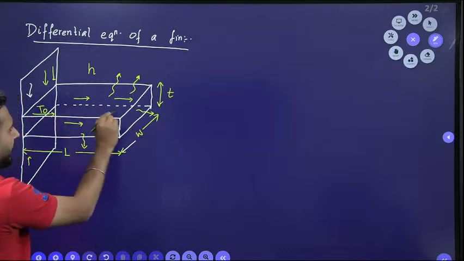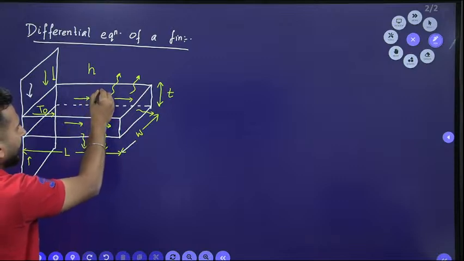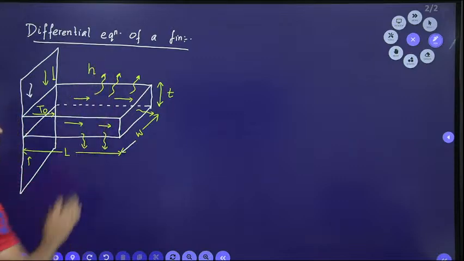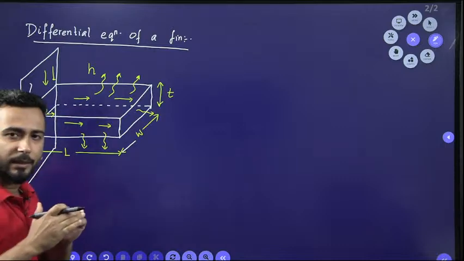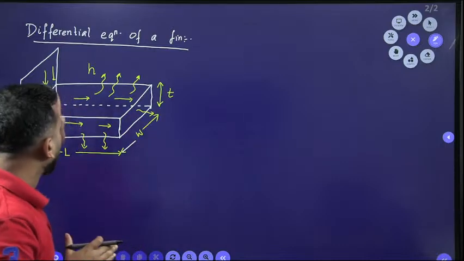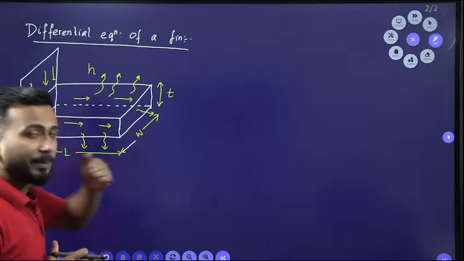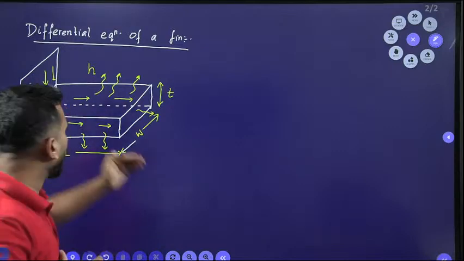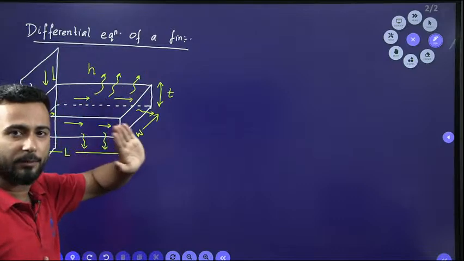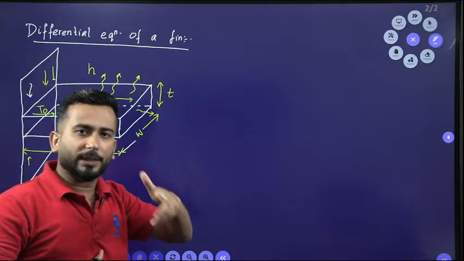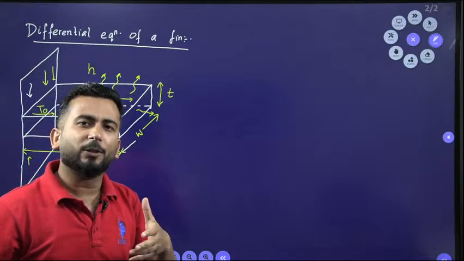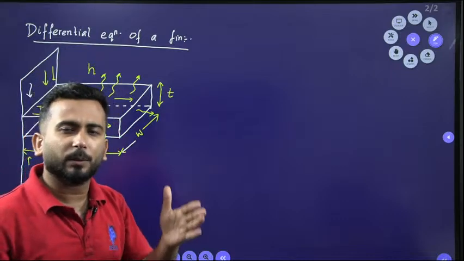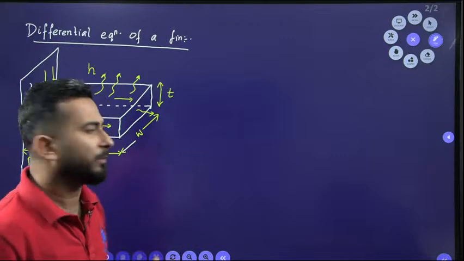So heat is getting conducted, and at the same time it is getting convected to the outside environment, and this is the only way by which we can dissipate whatever heat is coming from this base to the outside environment. Else if we don't dissipate, it will lead to an increase in temperature of the material, it will lead to material failure, and so on.